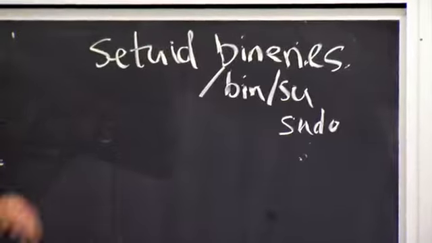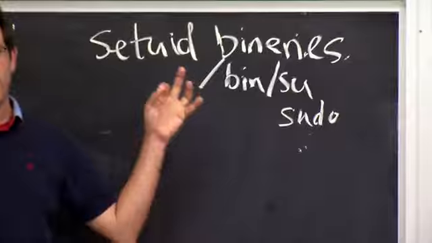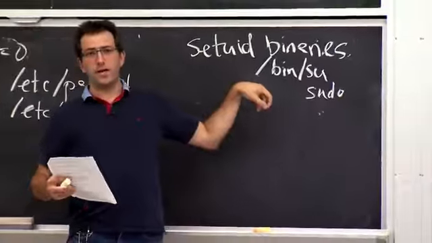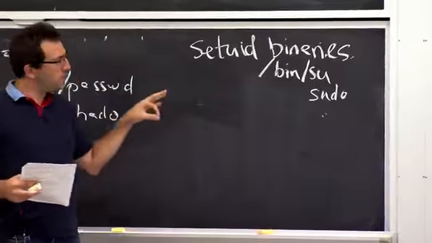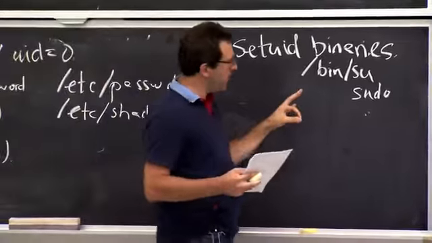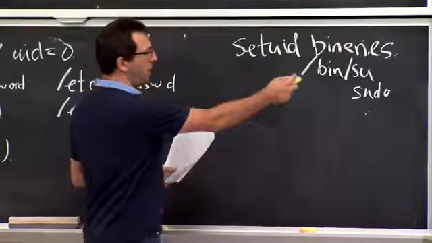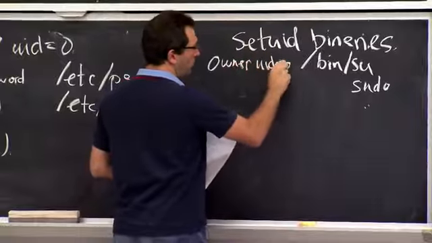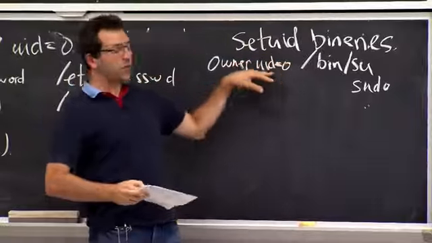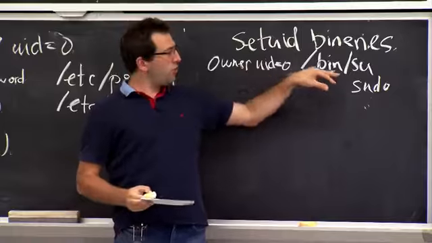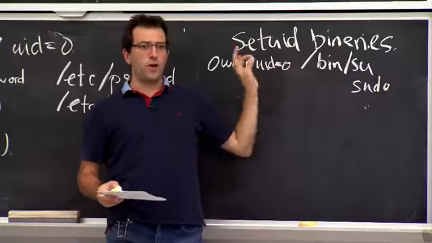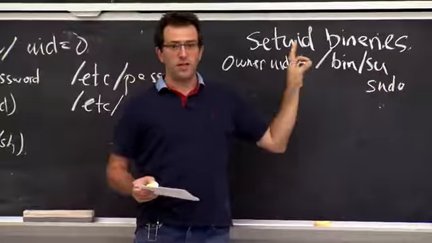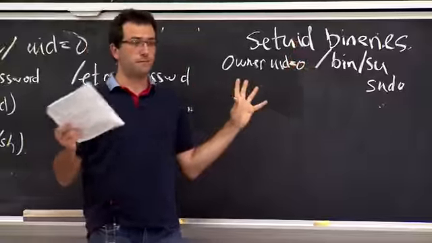The difference is that when you execute one of these binaries, it actually switches the user ID of the process to the owner of this binary. It's a little bit of a weird mechanism when you first see it. Typically, the way it's used is that this binary probably has an owner UID of 0, because you really want to regain lots of privileges. You want to regain root's privileges. So you can run this su command, and the kernel, when you exec this binary, will switch the UID of the process to 0. So this program will now do some privileged stuff.